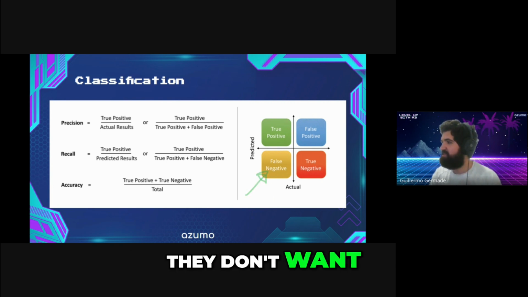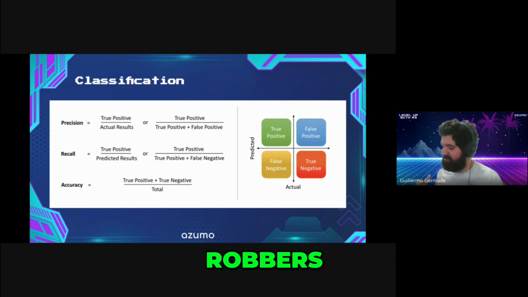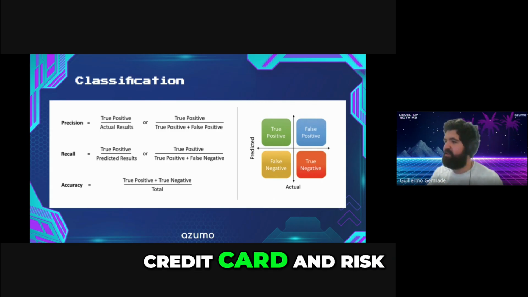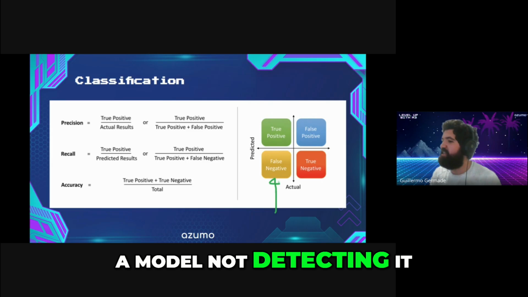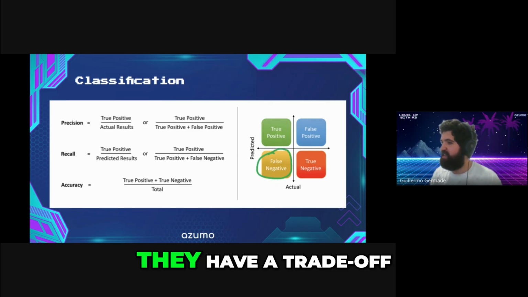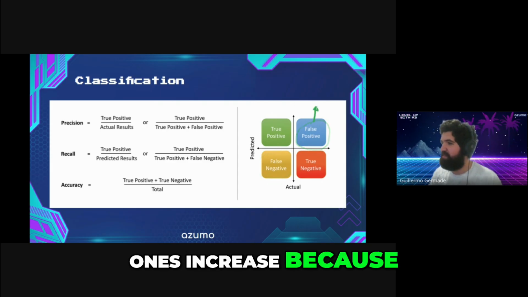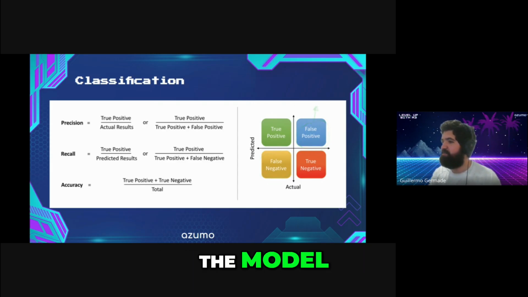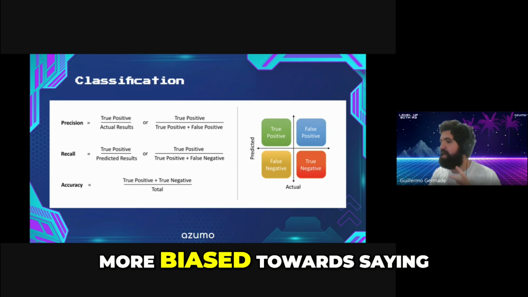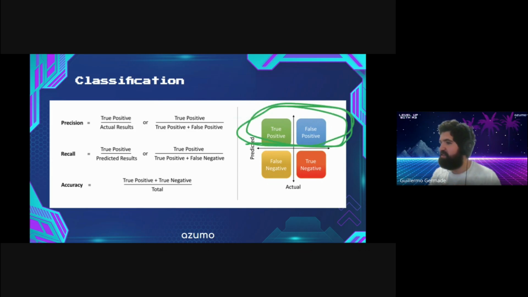They don't want evil delinquent robbers to use your credit card and risk a model not detecting it. So in order to keep this as low as possible, they have a trade-off, which is that these ones increase because they make the model more biased towards saying that it's true.